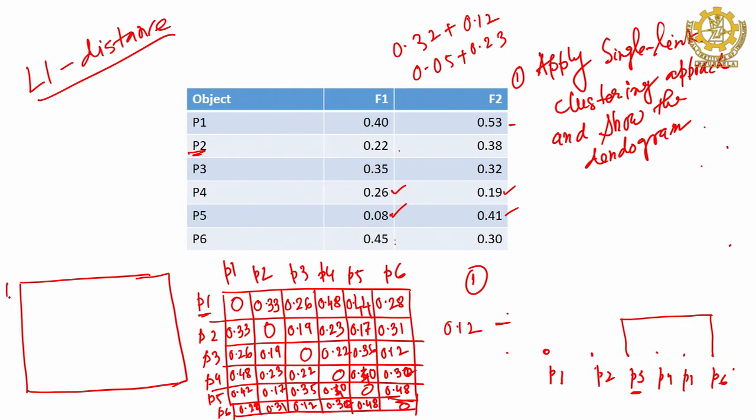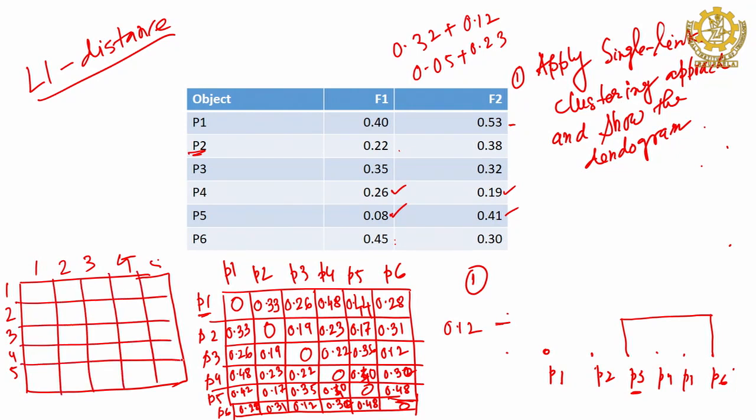So, this is 1, 2, 3, 4, 5. Similarly, 1, 2, 3, 4, 5. So, P3 and P6. So, this is 3 and 6 actually, you can write it 3 and 6.